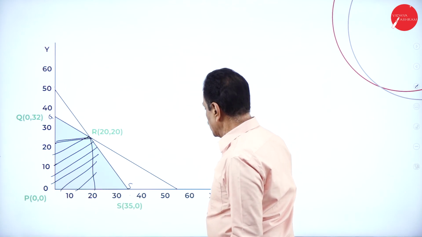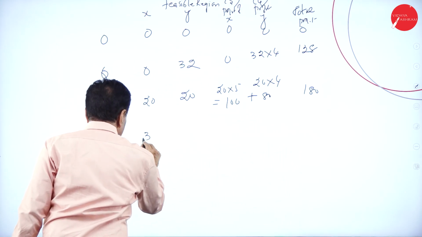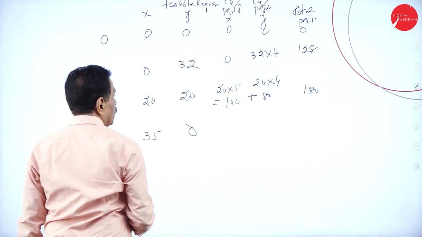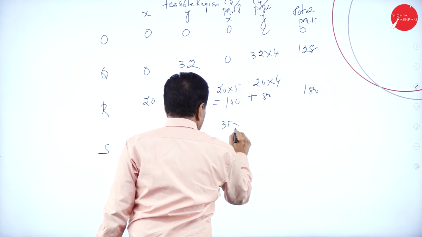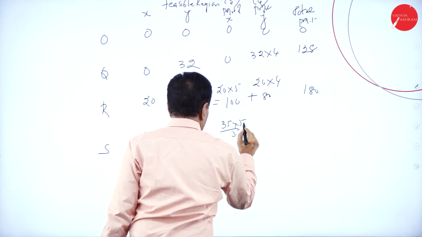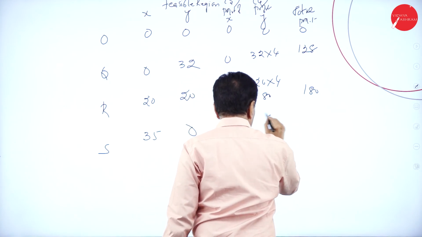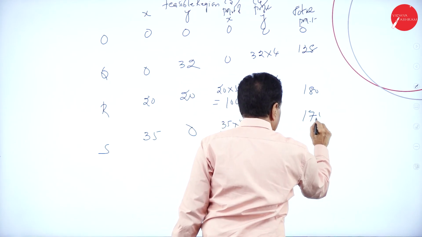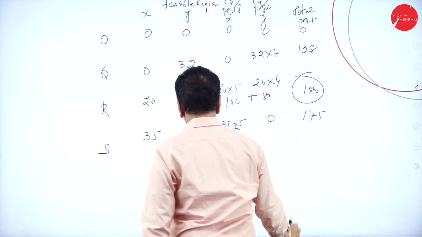At the point S, X is 35, Y is 0. This is 35 into 5, which is 175. Maximum profit is 180.